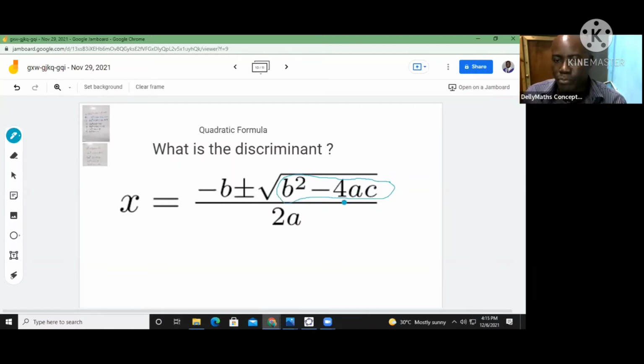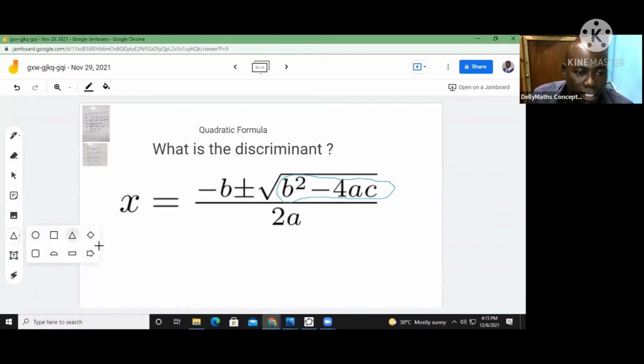All right. So we're going to quickly take like 10 or probably 15 minutes to understand what this is. b squared minus 4ac. What is b squared minus 4ac? It is called the discriminant. Let us call the discriminant delta. Just a name.